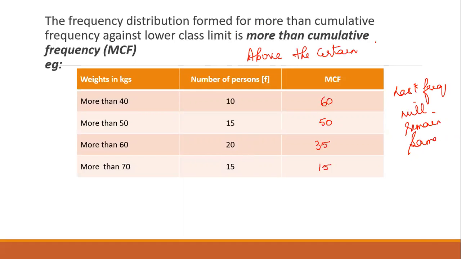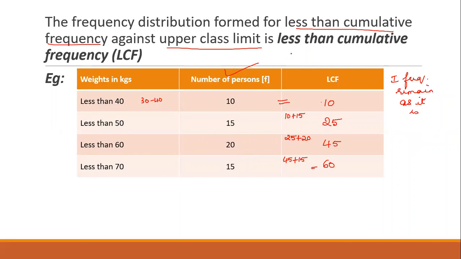This is above the certain limit, and this will be less than the certain limit. Hope you understood. So always keep in mind, in a problem you should know, if they ask you less than, you will not be given to find like less than cumulative, they will give you like this form.